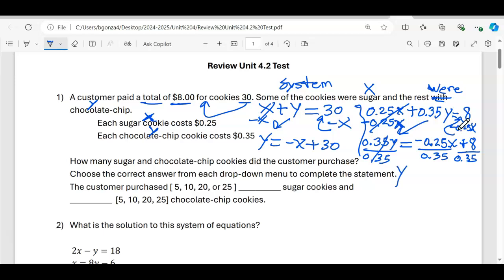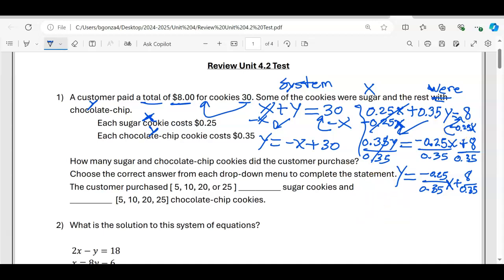So we end up with the equation y equals negative 0.25 over 0.35 x plus 8 over 0.35. Okay, that was a lot. Let's go ahead and type this into Desmos so we can get our two equations and solve it.